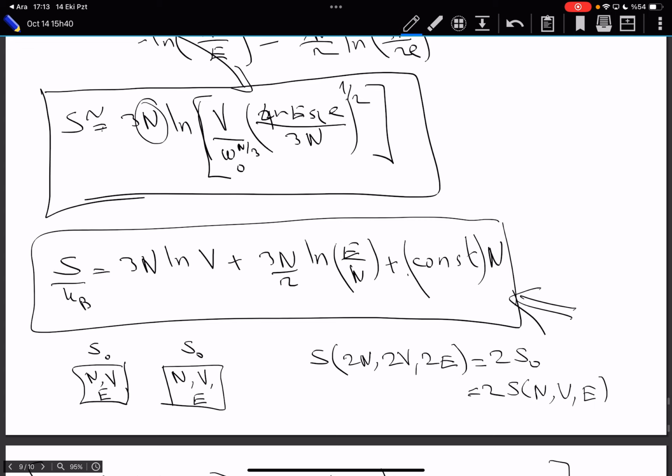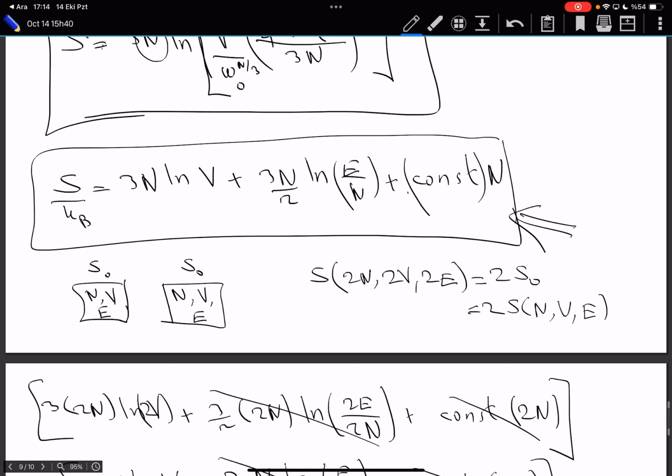For it to be an extensive quantity, you see, the problem over here is E over N, that ratio. If you double the system, it doesn't change. If you triple the system, it doesn't change. There's an overall N, which gives that term its extensive property. If you look at this term, well, the same thing. It has an overall N dependence, and that term is constant, so that's an extensive quantity.